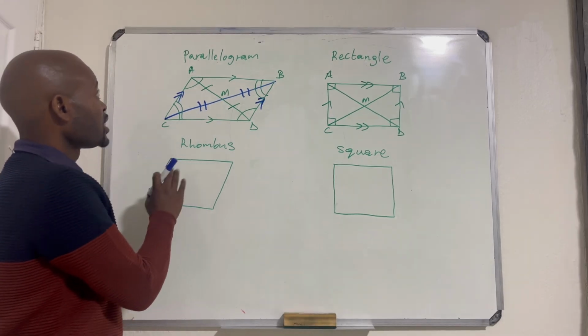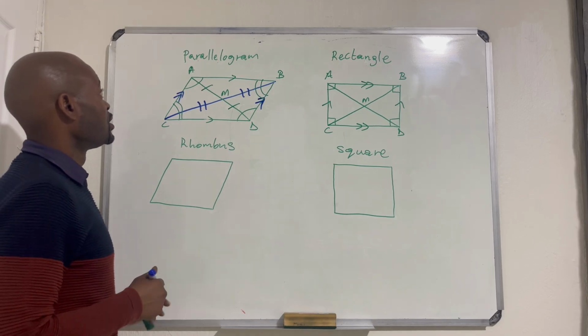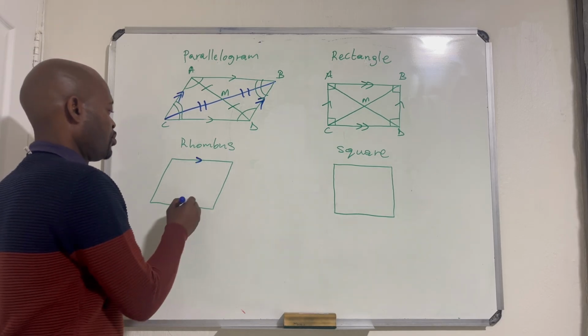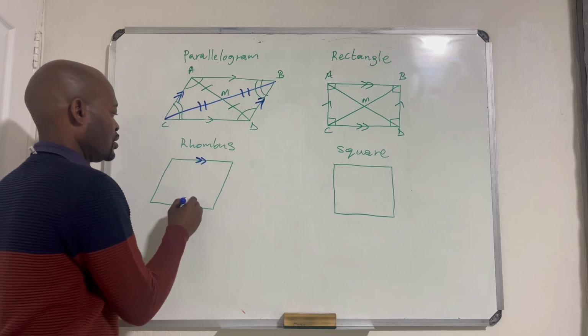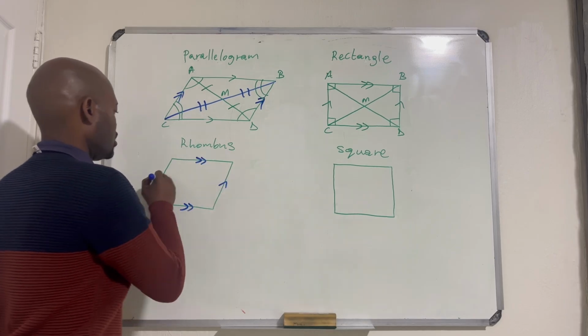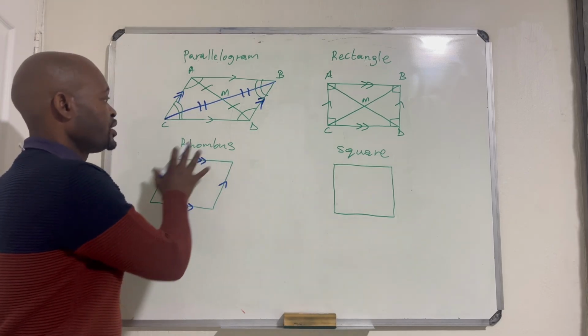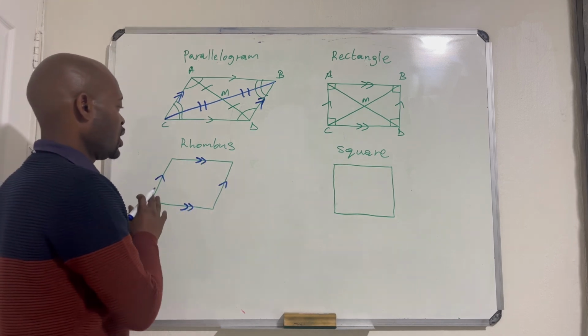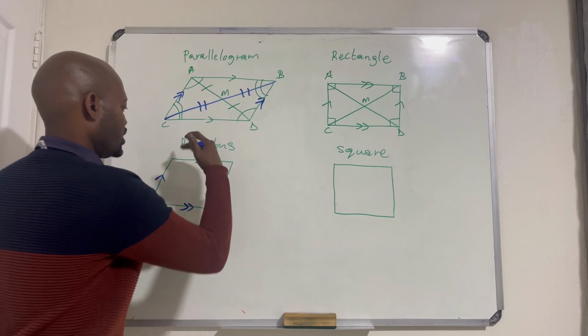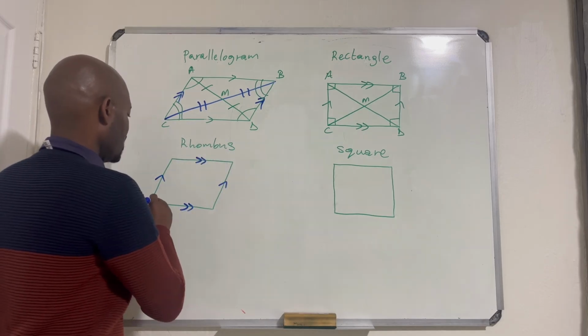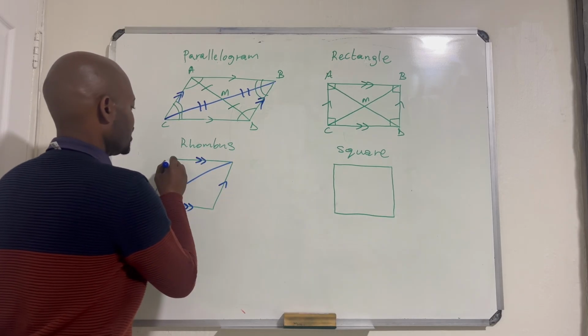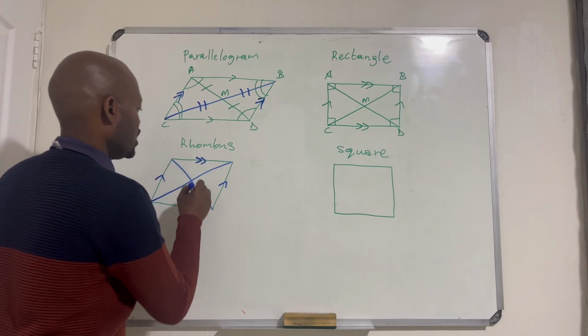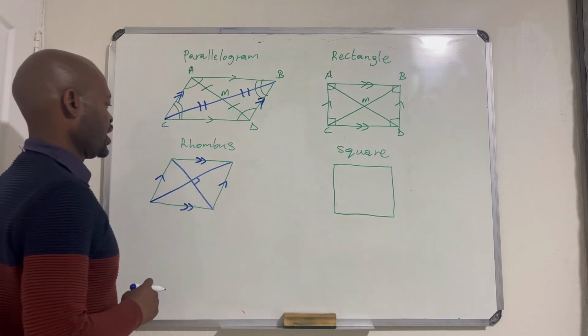A rhombus is a parallelogram with opposite sides which are parallel, and all sides are equal. All sides are equal, opposite sides are parallel, and diagonals bisect each other at 90 degrees in this case.